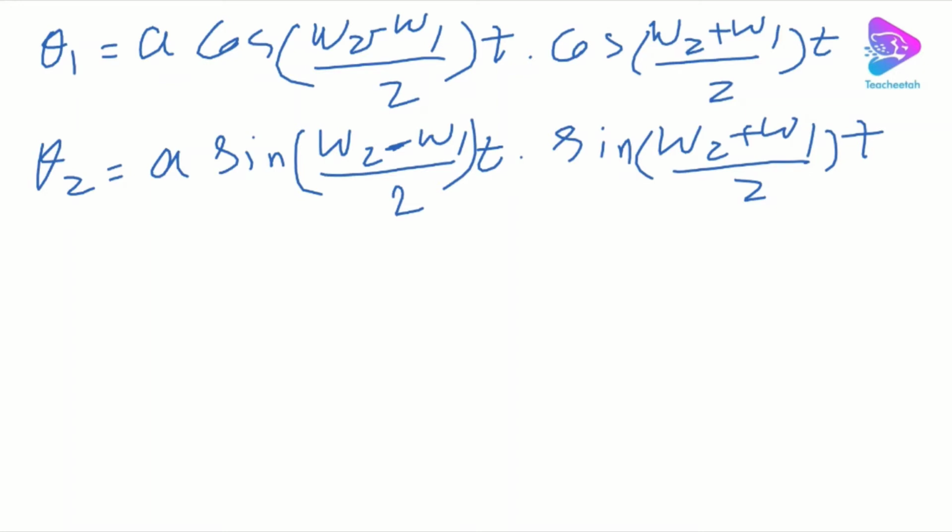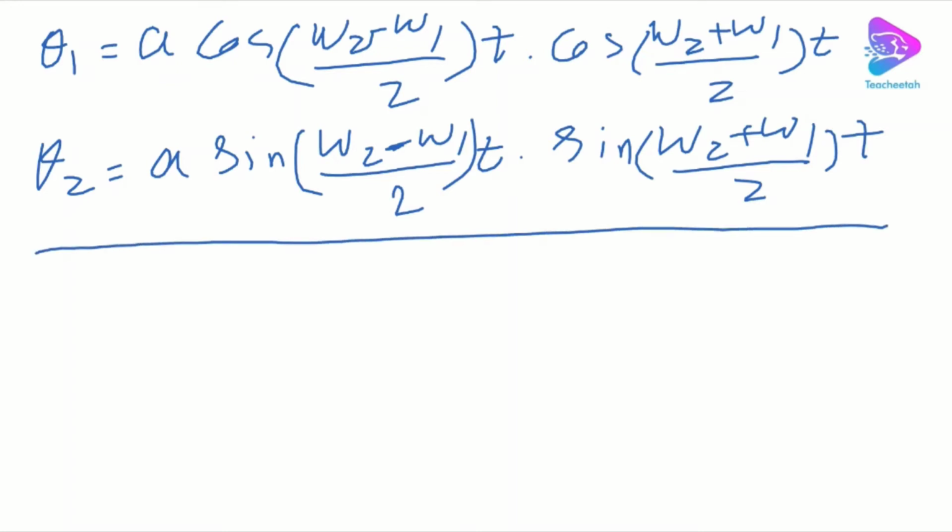Okay, so now let's say what the beating phenomenon is. When we have a response of a system that is a combination of two harmonic functions, and the frequencies of the two harmonic functions are near to each other, the beating phenomenon occurs in the system.